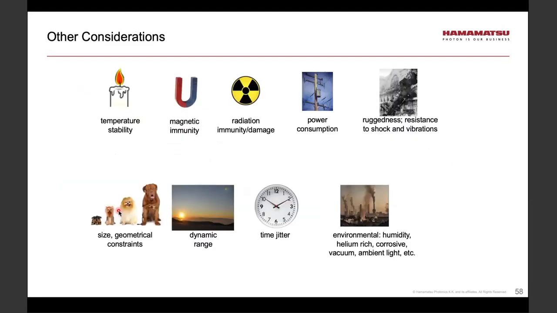Now, apart from these considerations, there are other considerations one can consider, and these might be even more important than the previous ones, like temperature stability, magnetic immunity, radiation immunity, power consumption, ruggedness, size, dynamic range, time jitter, and environmental considerations. So there are many factors.